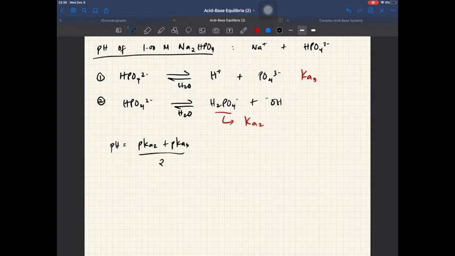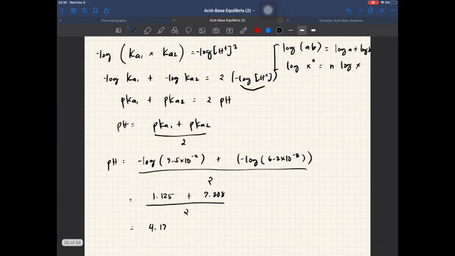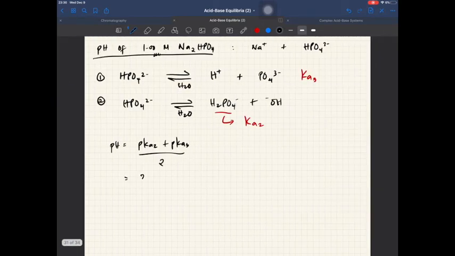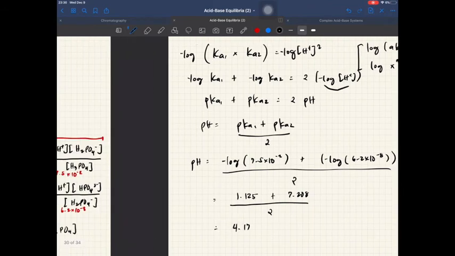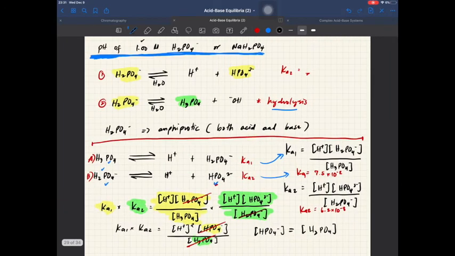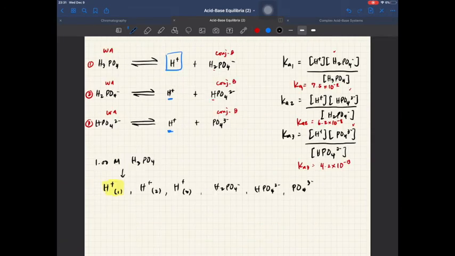So regardless of the concentration of this amphiprotic species, we can immediately calculate the pH value. pKa2 is 7.208 and pKa3 is negative log of 4.2 times 10 to the negative 13.